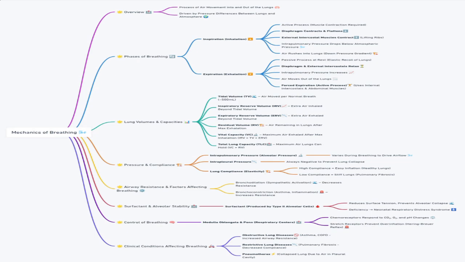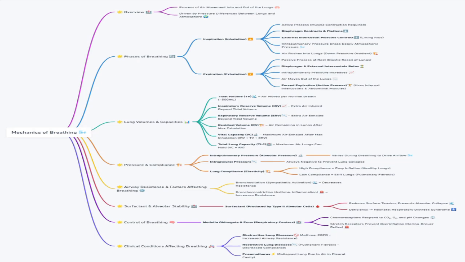So let's say inspiration and expiration, and let's take pressures in millimeters of mercury. Atmospheric pressure is around 760, with inspiration around 759 and expiration around 761, and with the lower limit being around 740.